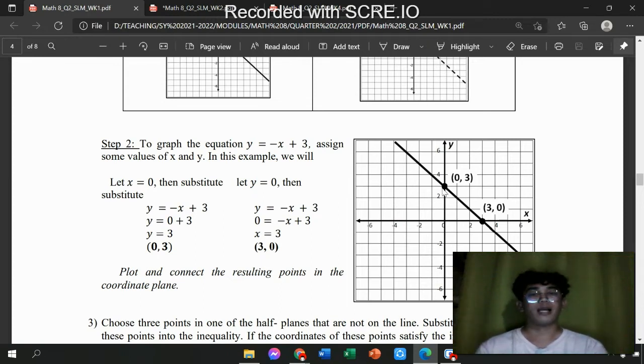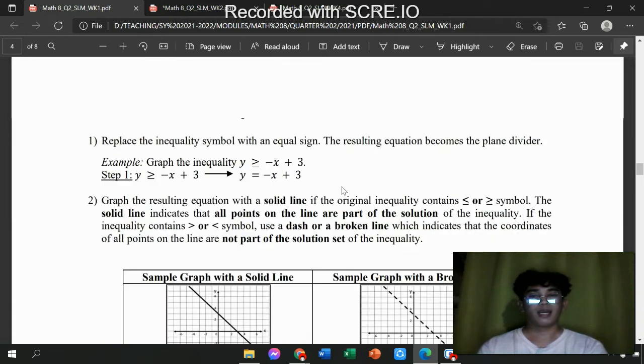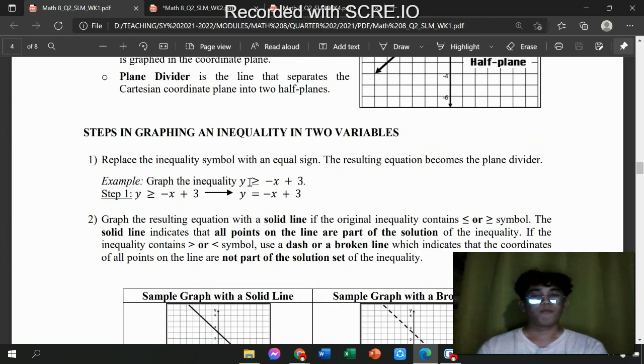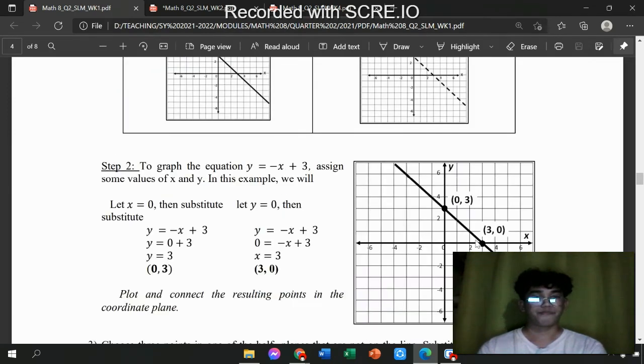Syempre kailangan duha ka point ang atong pangitaon para masumpay nato silang duha para makagama ka og line. Solid line. Nganong solid kining line? Because the original inequality nagamit og symbol nga greater than or equal to. So solid siya nga line.